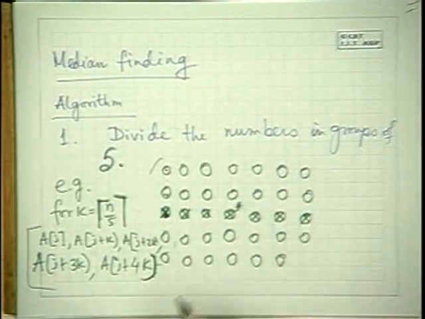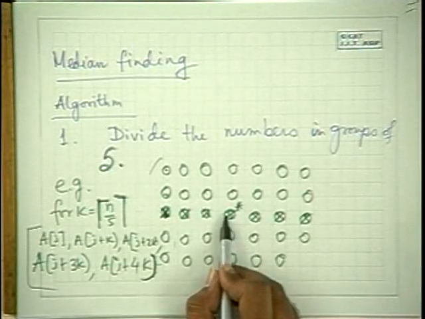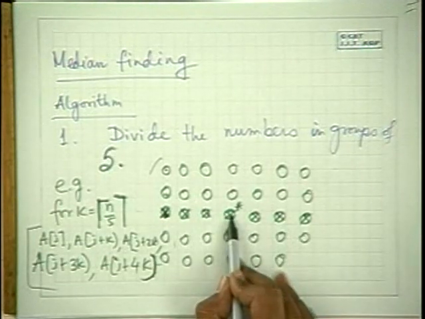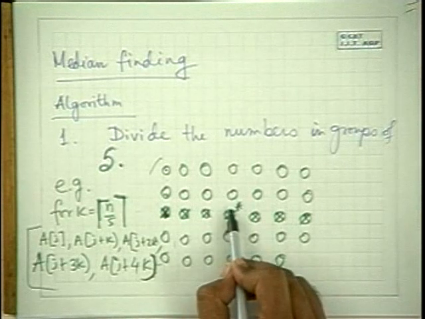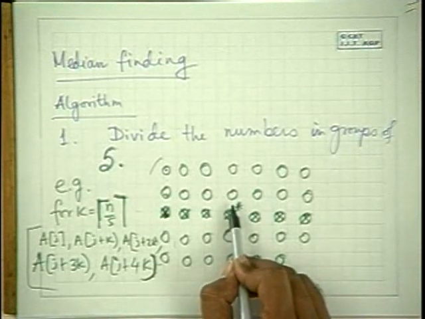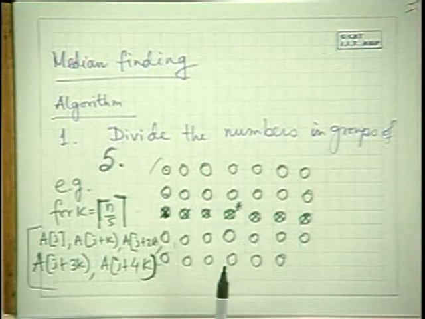So this is the median of the medians. I am not saying this number will be the median of the medians, but if I arrange them, this is the position of the median of the medians. If I arrange all the medians properly in a sorted manner, this will be the position of the median of the medians. Okay, but in the algorithm I am not arranging them. Mind that I am not sorting them in the algorithm. This is just a pictorial representation, but I have found this person who is the median of the medians.